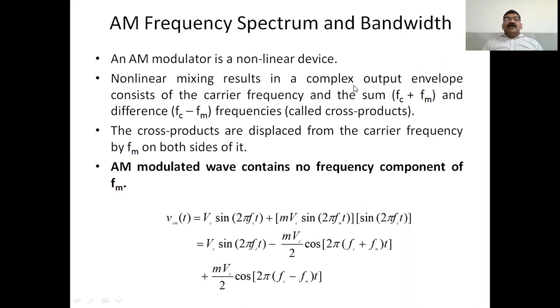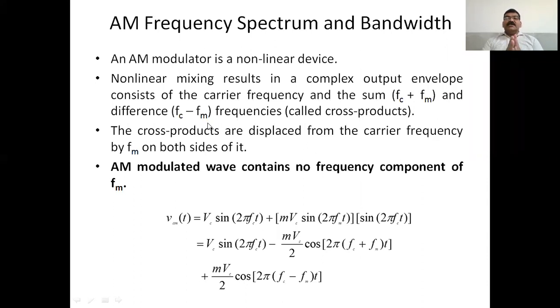It consists of a carrier frequency and the sum and difference, that is FC plus FM and FC minus FM, called the cross products. As this is a mixer, we are mixing two frequencies, so it creates FC, the carrier frequency, plus and minus the modulating frequency: FC plus FM and FC minus FM.